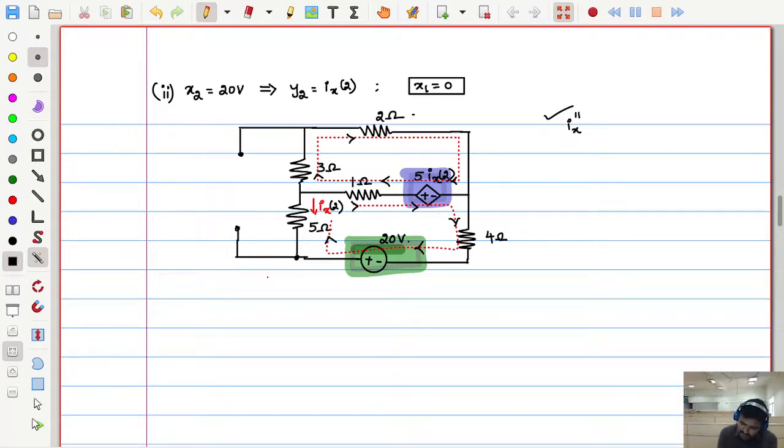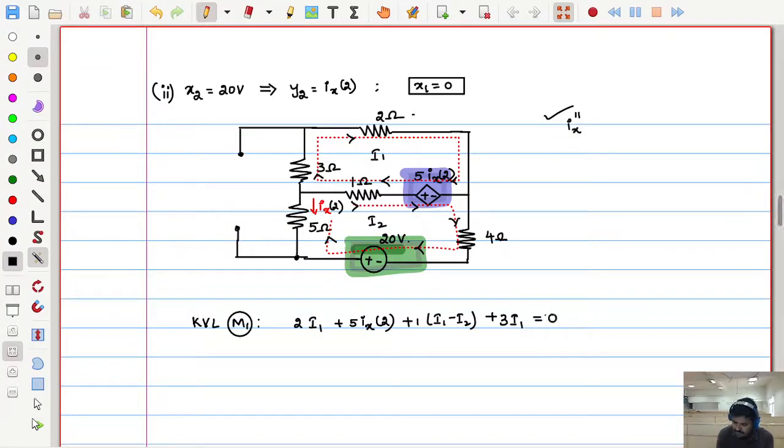Now what we do is simply go with the generalized Kirchhoff voltage law for mesh 1. So let me call this I1 current, this I2 current. For mesh 1, what I'll get, let me write quickly, 2I1 plus 5Ix2, or Ix double dash, it's your wish, plus 1 into (I1 minus I2), plus 3 into I1 is equal to 0.